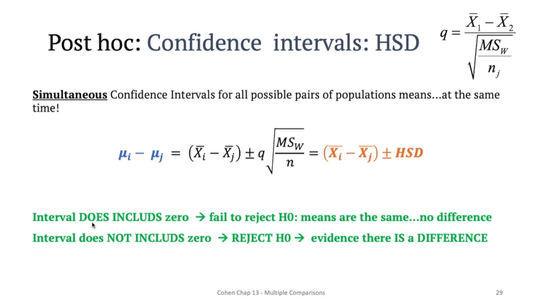And so if the interval does include 0, you fail to reject the null, and the means are the same, there's no difference. If the interval does not include 0, you reject the null, and there's evidence there is a difference. So it's much like the confidence intervals we used with the t-test before, but it's just using a slightly different distribution.